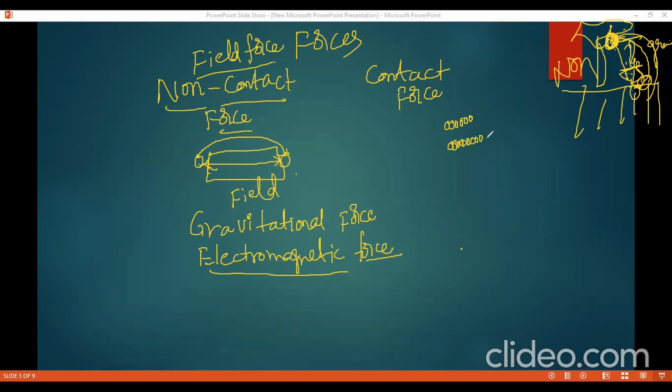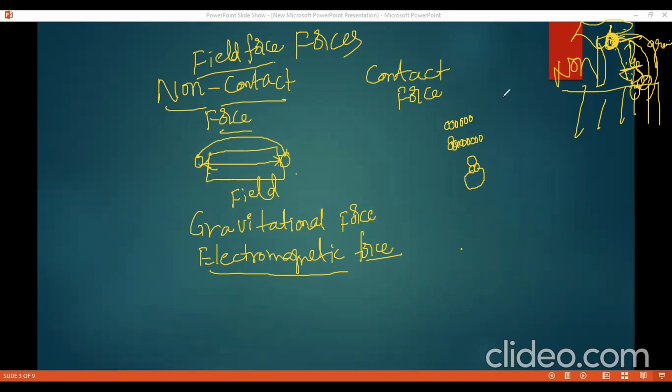When two objects come in contact, they exert contact forces on each other. When two molecules come near together, they interact, and each experiences some force from the other. This is a kind of contact force.